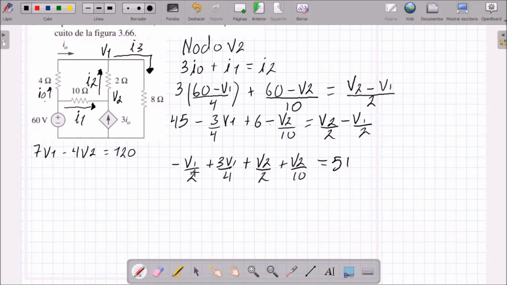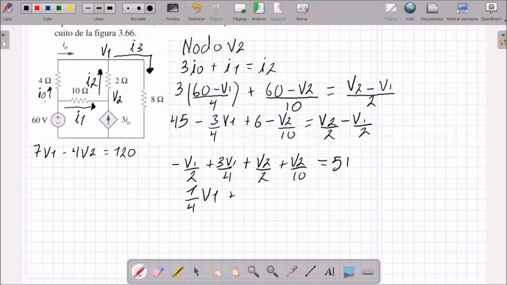Okay. Now operate those that have B1, 3/4 of B1 minus a half of B1. This is going to give me a quarter of B1, please, you can verify yourselves. And B2 would be a half plus a single 1/10.